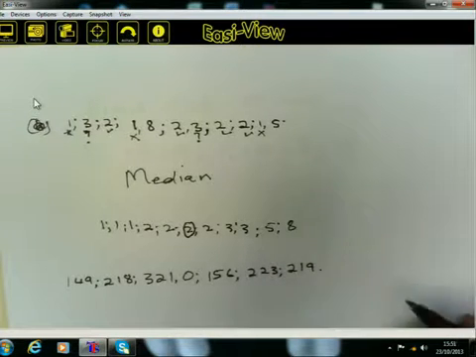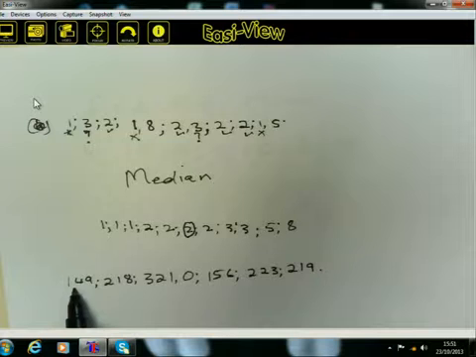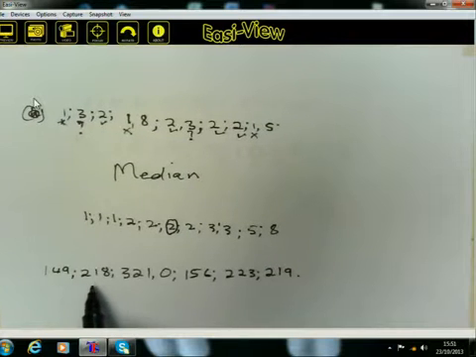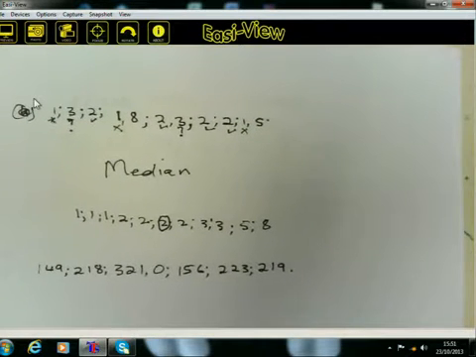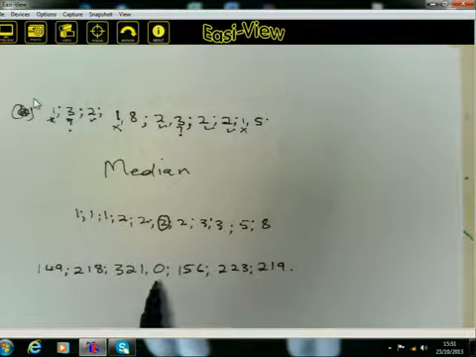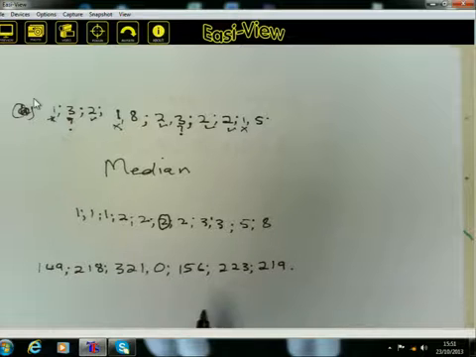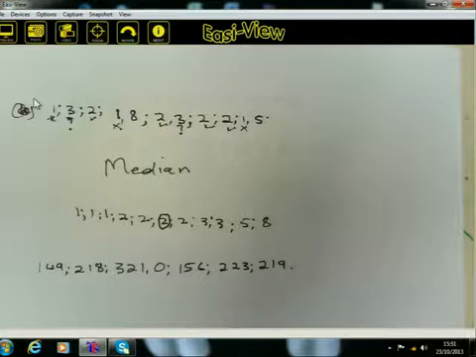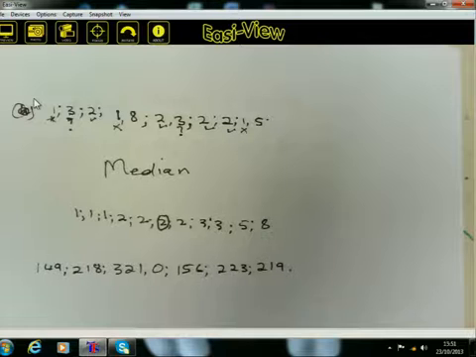That's the last one. Let's start it. It's 149, 218, 321, 0, 156, 223, 219. Now what must I do first? Rearrange them.